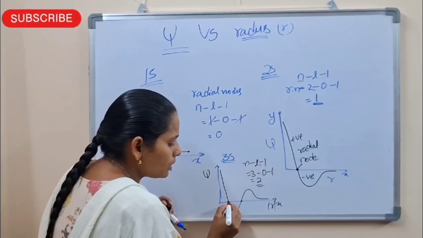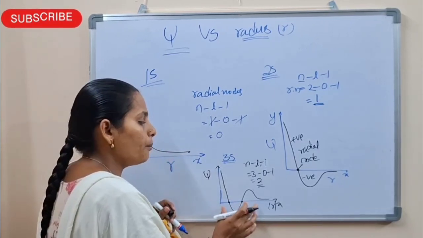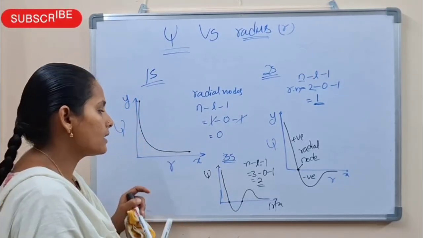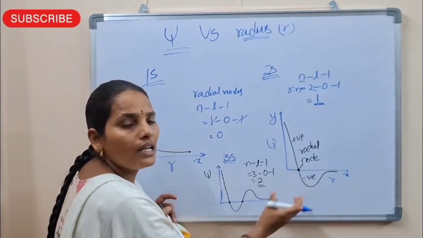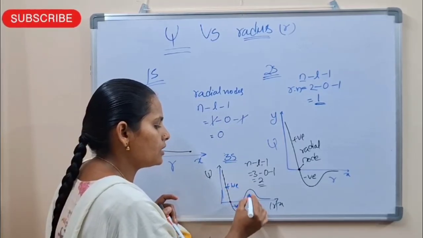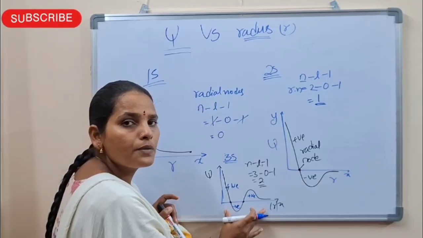Two radial nodes are observed: this is 1 and this is 2. By this, you observe that negative values appear. This is the negative part, this is the positive part, and this is also a positive part.